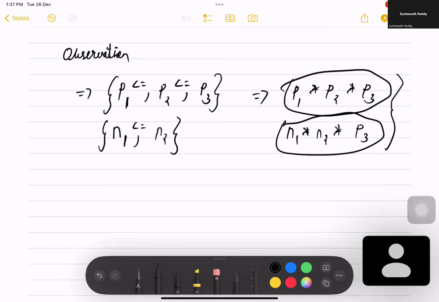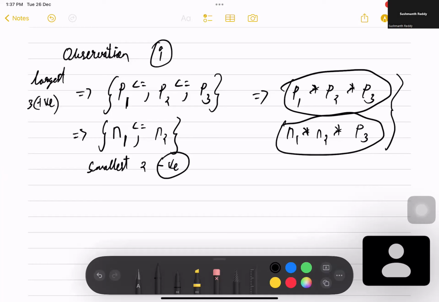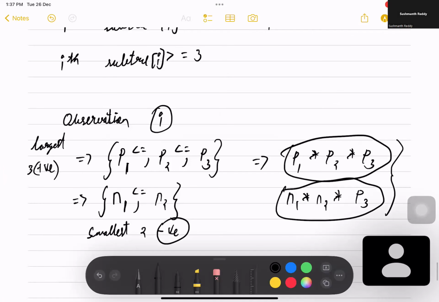These are the maximum three positives that we have in the subarray for any ith element, and these are the smallest two negatives that we have in the subarray. So now it came down to just finding out the three largest positives in any subarray and the two smallest negatives in any subarray.